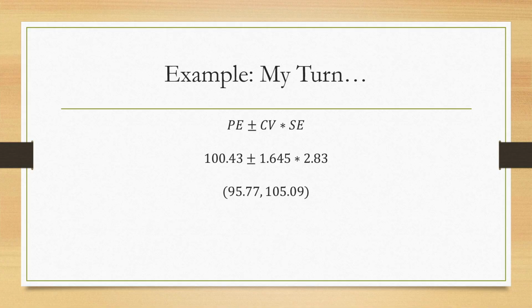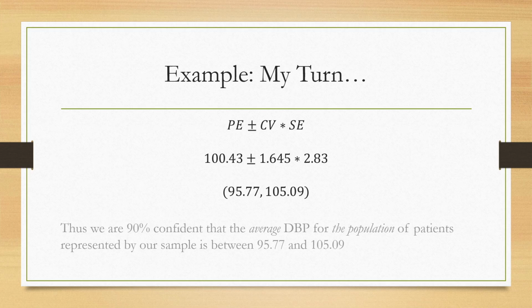So I do the 100.43 plus that quantity on the right, and then 100.43 minus that quantity on the right. Gives me two numbers. The plus is the larger number on the right. The minus is the lower number on the left. And here I have my interval, 95.77 to 105.09. This is the reasonable range of the diastolic blood pressure.